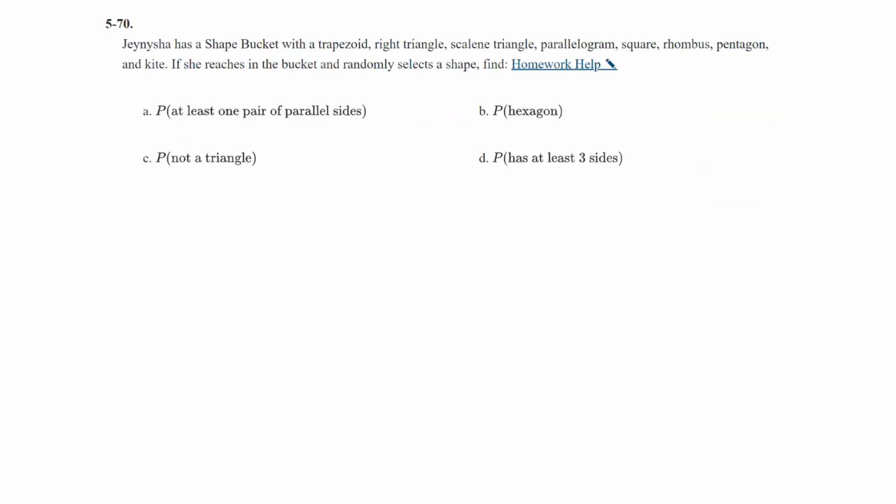Question 70. Janisha has a shape bucket with a trapezoid, right triangle, scalene triangle, parallelogram, square, rhombus, pentagon, and kite. If she reaches in the bucket and randomly selects a shape, find the probability of at least one pair of parallel sides. All right, I'll try to draw the shapes out so we can get a look at what we're trying to see here. So at least one pair of parallel sides. A trapezoid has at least one pair. Right triangle doesn't.